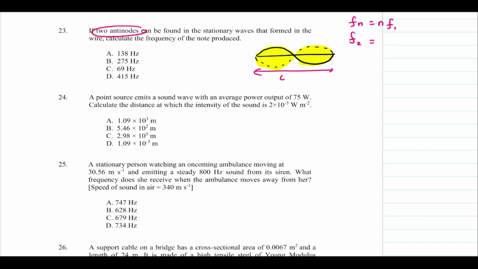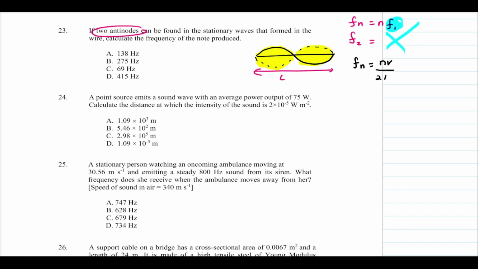Tapi sebab kita nak kena cari pula ini fundamental frequency, so saya tak menggunakan equation ini. Kalau saya dah ada fundamental frequency untuk string tersebut, saya akan gunakan equation itu. Tapi saya tak ada. So next saya akan kira menggunakan equation ini for string, which is NV over 2L, sebab saya dah ada V tadi.